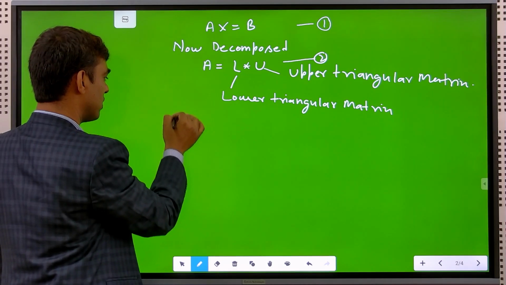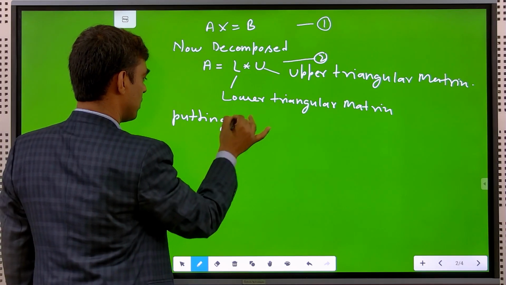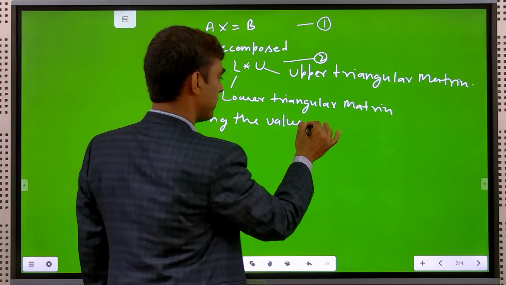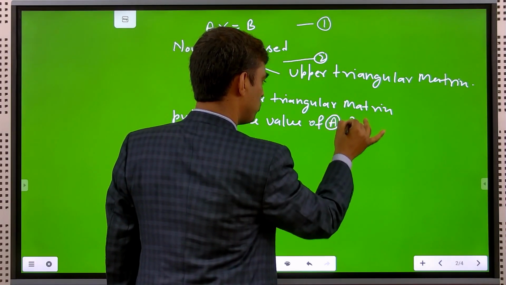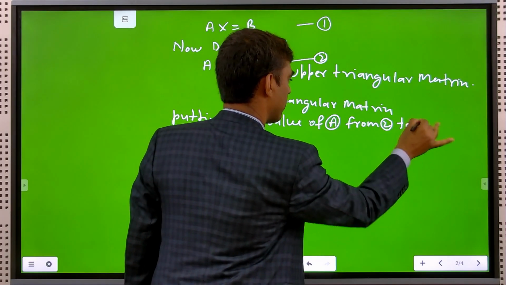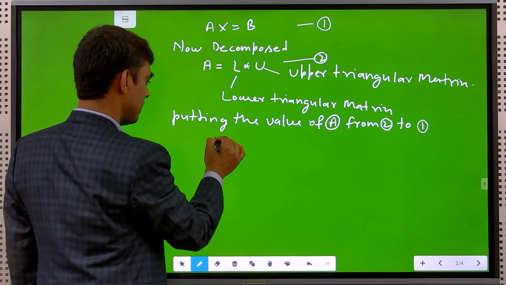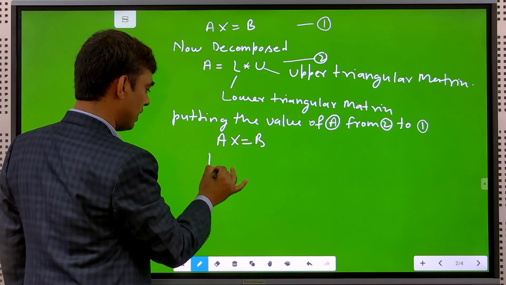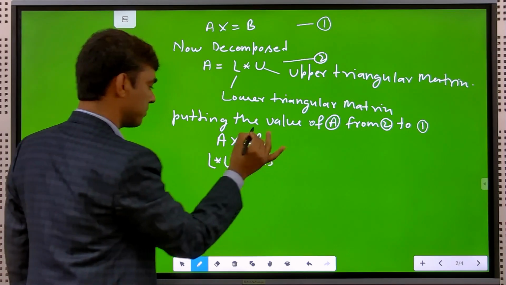Now putting the value of A from 2 into 1, Ax equals B becomes L into U x equals B.